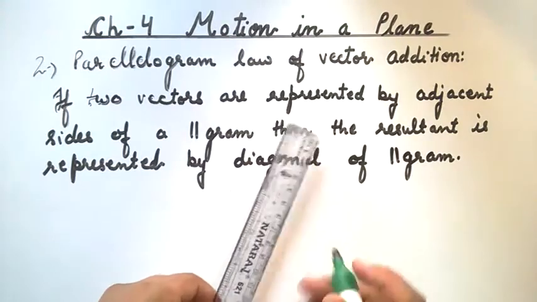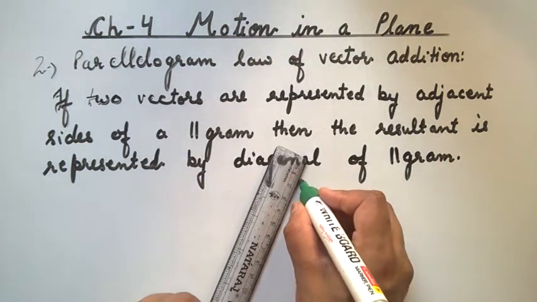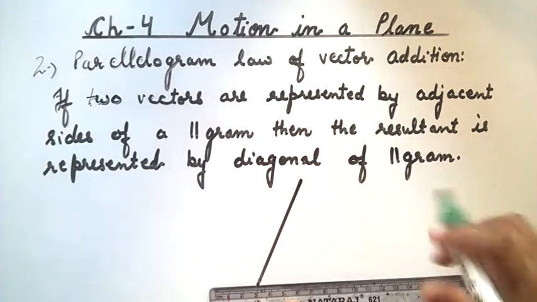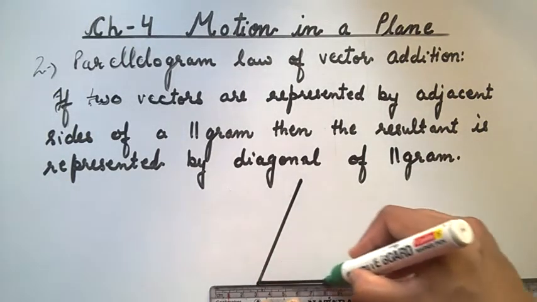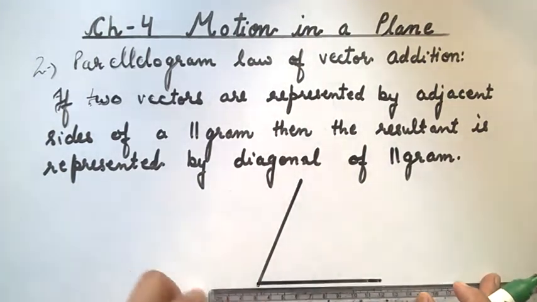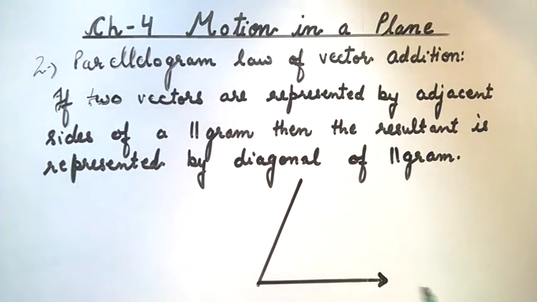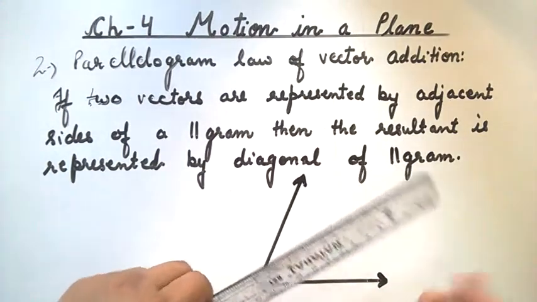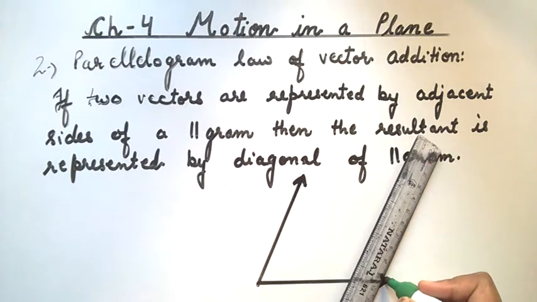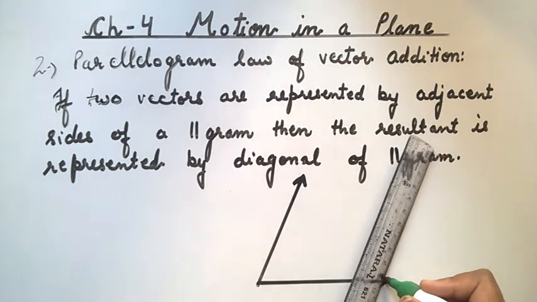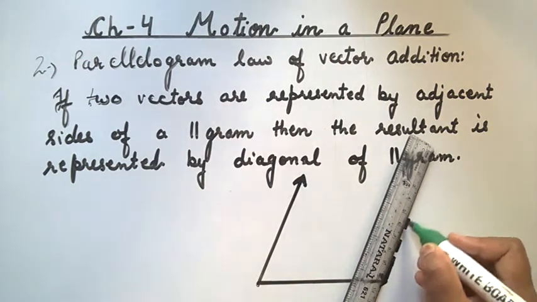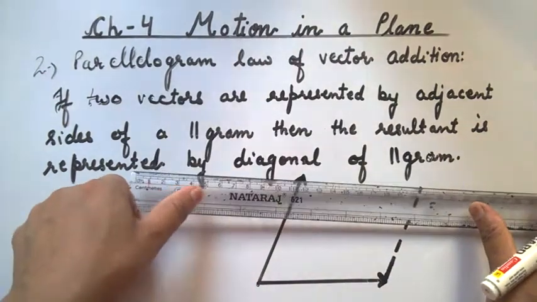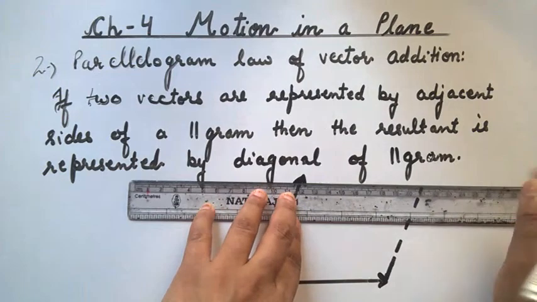That is, if in a numerical two vectors are given by the adjacent sides, then you have to complete a parallelogram and find the resultant by the diagonal. So let's see. These are two parallel lines and these are also parallel lines.